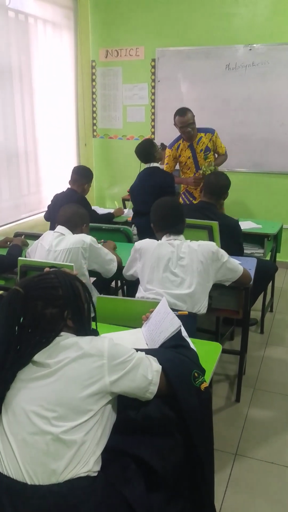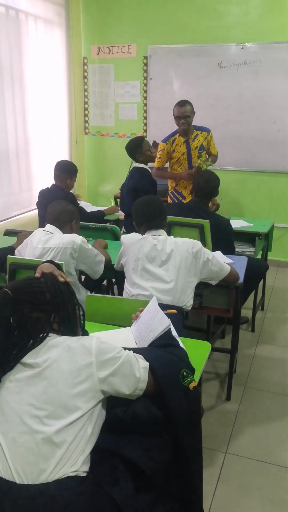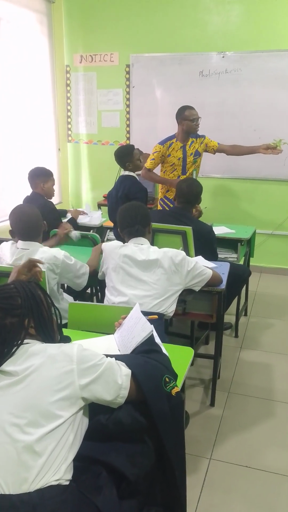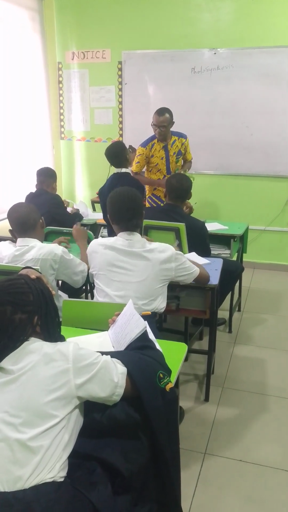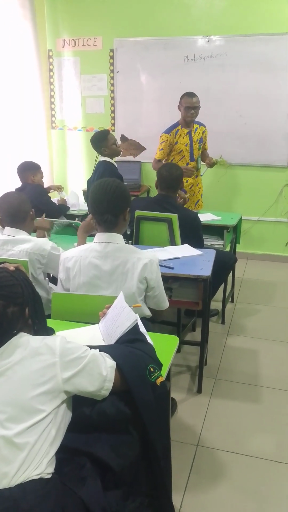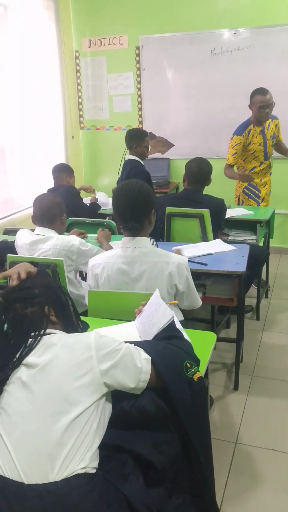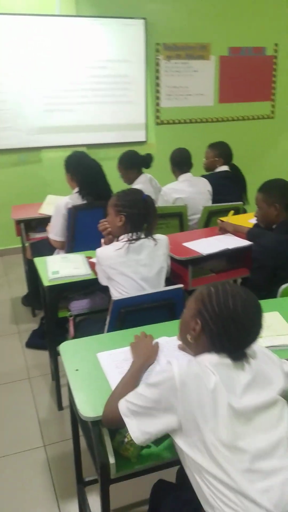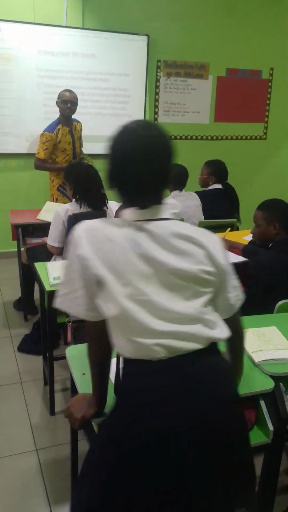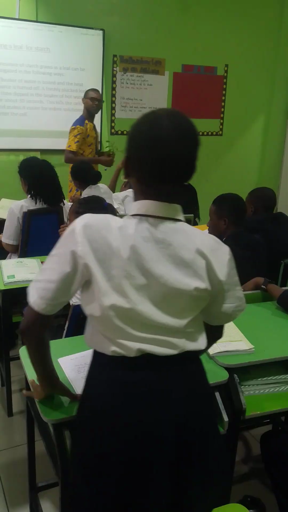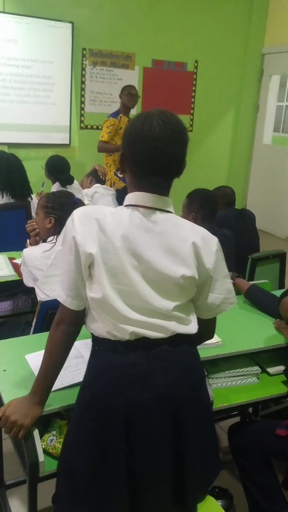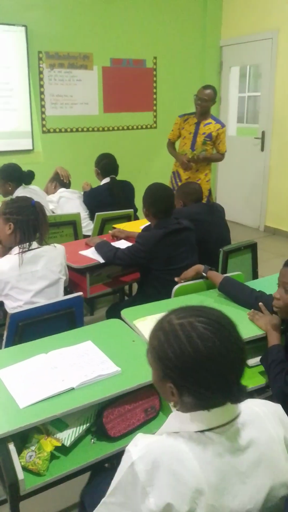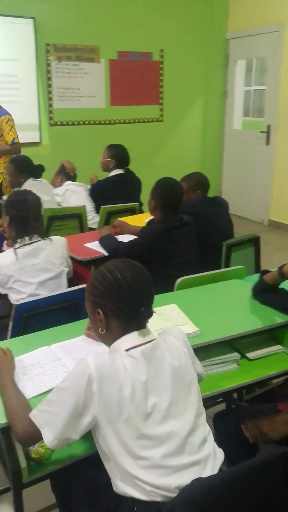Let me hear you. Excellent. Very good. Aisha. It is when plants make their food by trapping the nutrients they get from the sunlight, like carbon dioxide, chlorophyll, etc. Thank you very much. I appreciate all the points made so far.